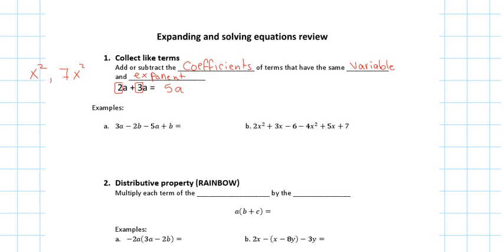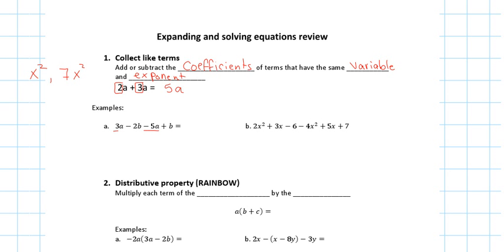So let's look at the first example right here. So I have 3a minus 2b minus 5a plus b. And they want you to simplify. Okay? So to simplify, you're going to collect like terms. What are my like terms here? 3a and minus 5a, right? So you're going to take the 3a, and then you're going to take away 5a from it.